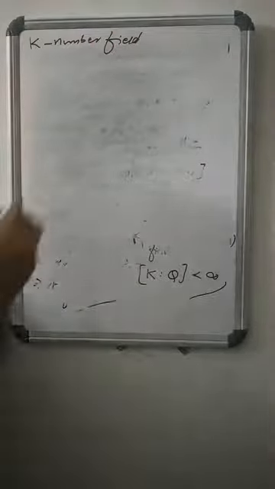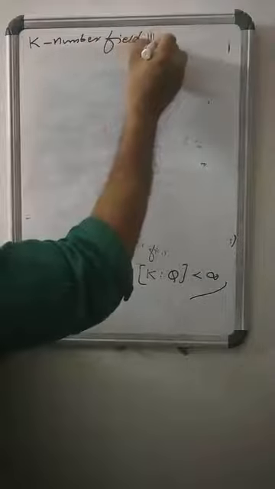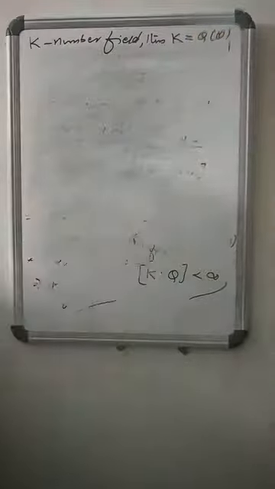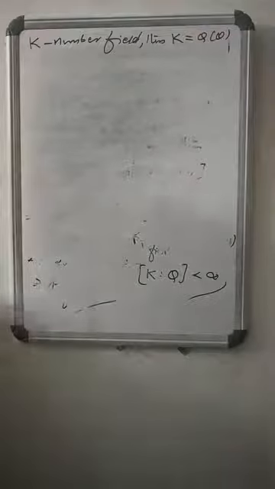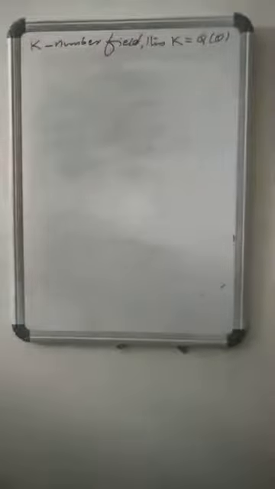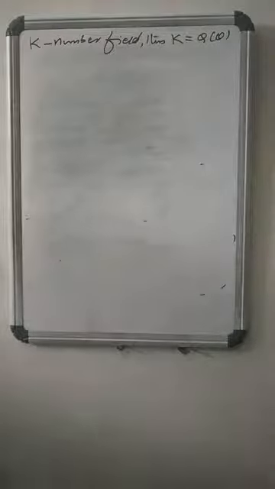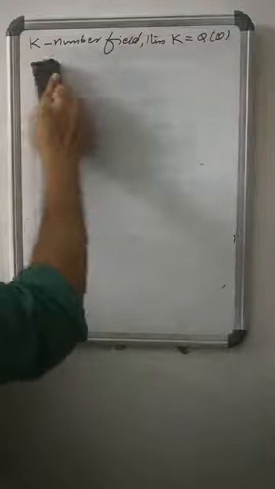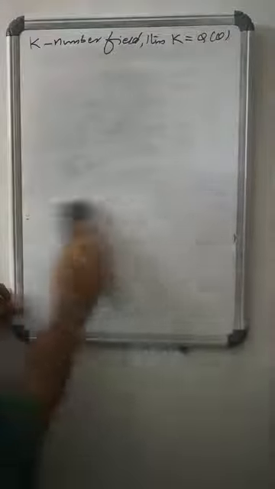Then K equals Q(theta) for some algebraic number theta. That is what we require here. So the statement is: when K is a number field, then K equals Q(theta), where theta is an algebraic number. How to prove this? The proof is done by induction.